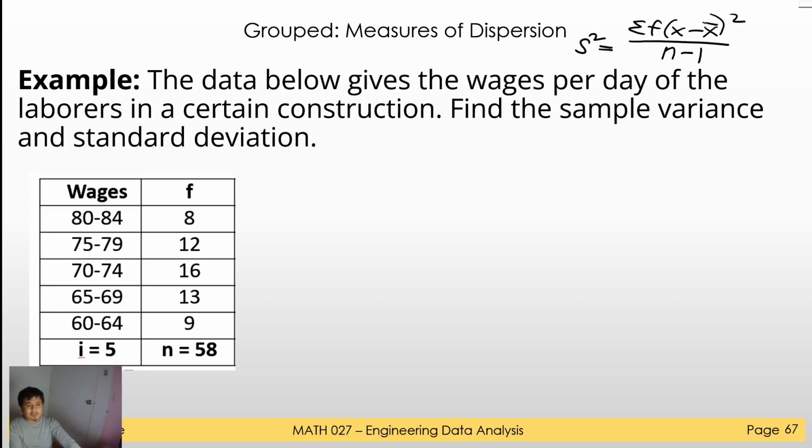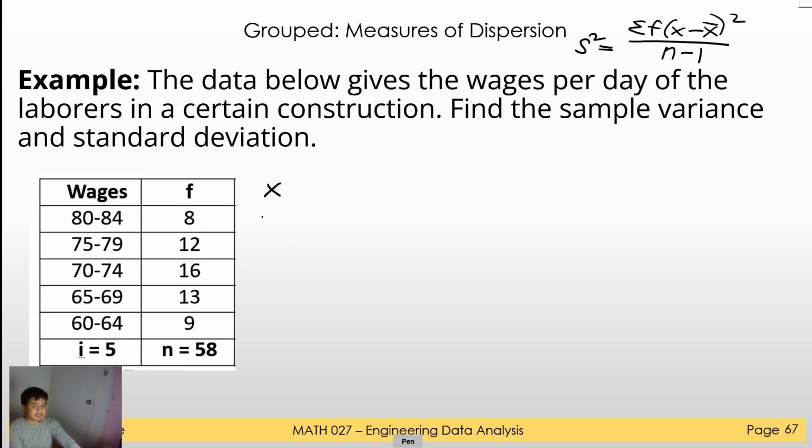We have to find first the mean. So we need the mean and the class midpoint, then the difference, then the square of that difference, and then the sum of f times the squared difference, to find this sample variance.